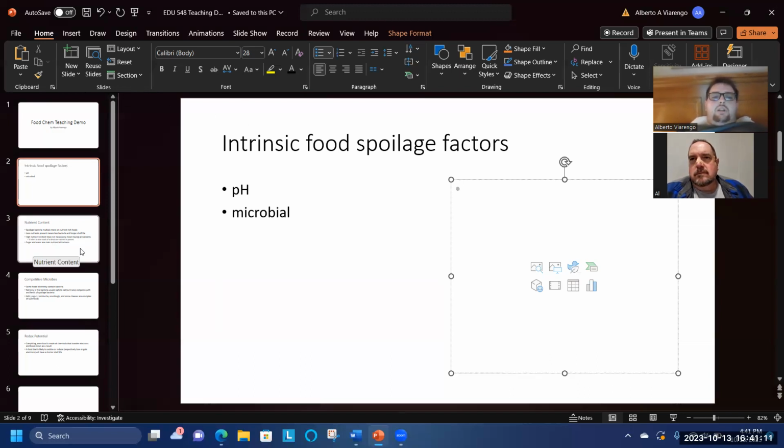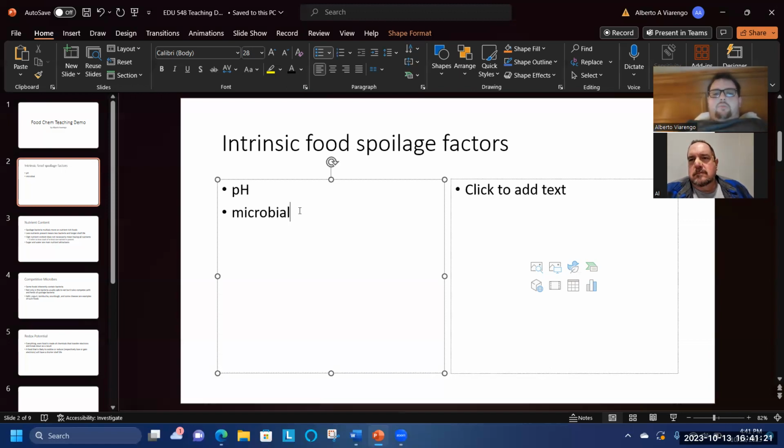Okay, there are many different intrinsic factors of food. There's nutrient content. You already listed pH and microbial presence. There's the chemical redox potential. And then there's moisture and water activity.